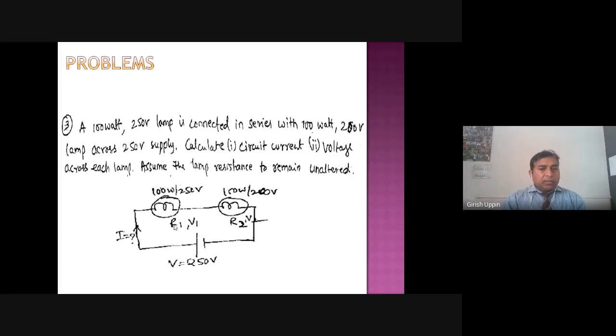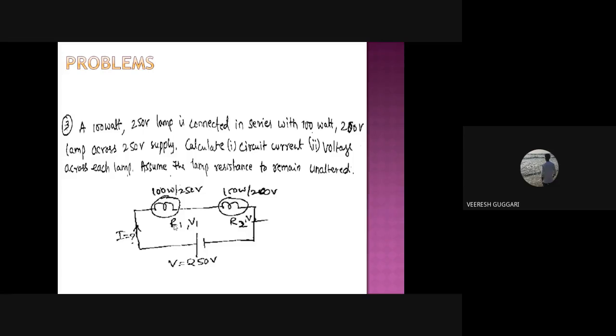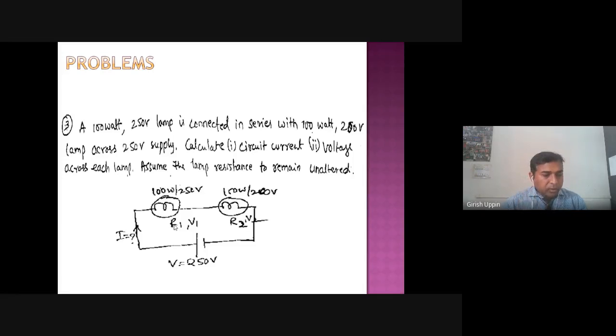Any ideas? Power is given, yes. So you have to think about the equations where R comes. One equation is V is equal to IR, but we cannot use that.